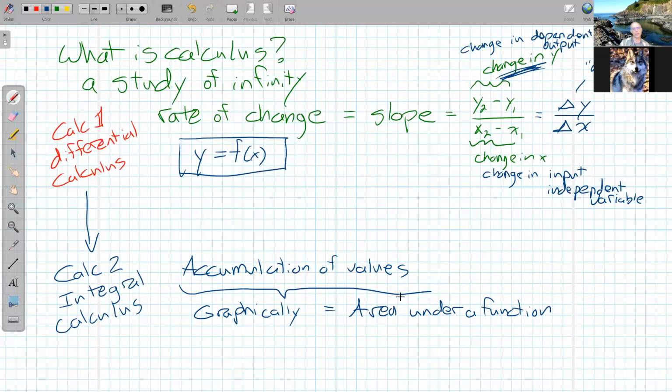And so we looked at the other day a graph of velocity function, and then we looked at the area under that graph of velocity function. That gave us a position function. If we looked at a position function and we looked at the rate of change of the position function, that gave us a velocity function. So we can go back and forth between these two. And Calculus 2 focuses more on that accumulation, the area, and the back and forth between them.